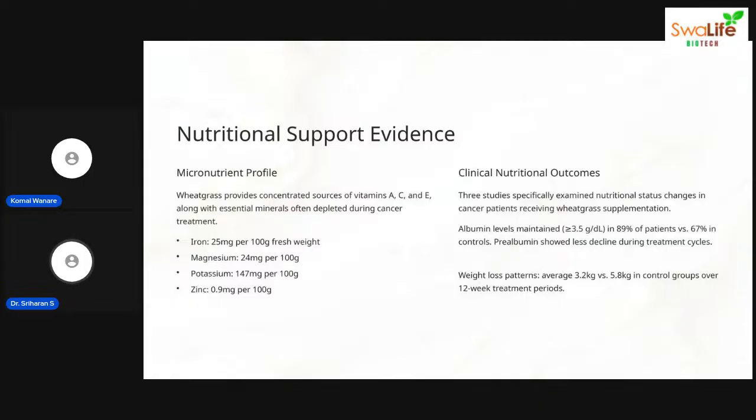These are common challenges, and due to them patients have weight loss during chemotherapy. The studies say that after taking this, the serum albumin level is maintained the same as in a normal individual, and they also reduce the weight loss. So it also shows clinical nutritional outcomes. We have evidence on that.